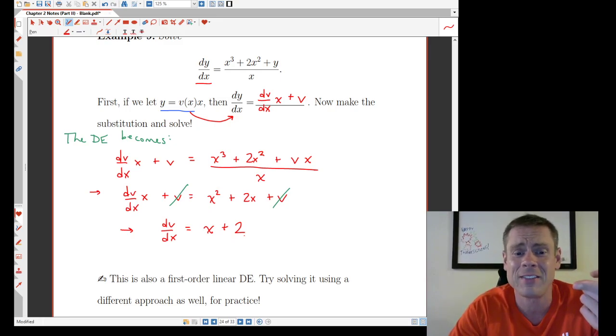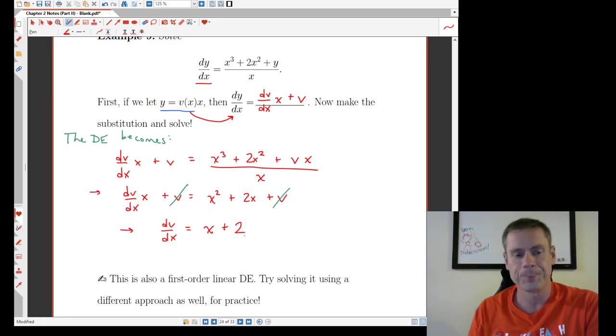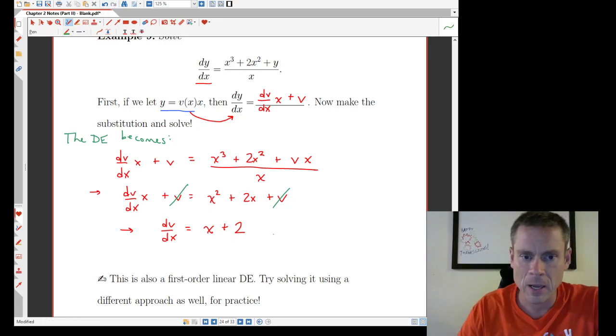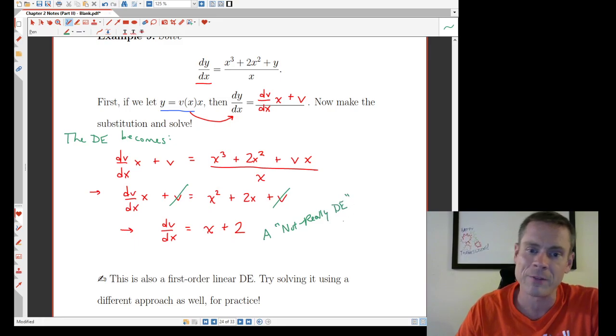You can solve this thing by direct integration. So this is not really a differential equation, like from video 4 or whatever. Solvable by simple integration. And that's what we'll do.